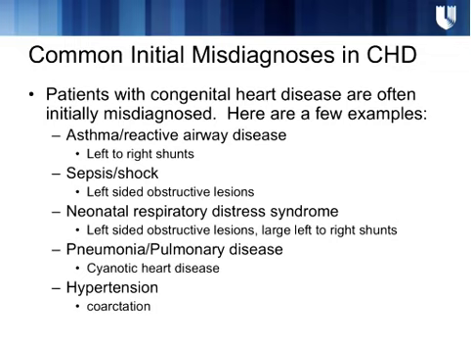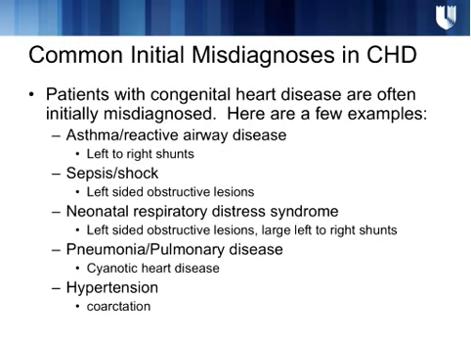Patients with congenital heart disease are often initially misdiagnosed. Just to give you a few examples, often infants are diagnosed with asthma or reactive airway disease when they actually have a significant congenital heart disease with a left to right shunt, such as a ventricular septal defect. Sepsis and shock may also be misdiagnoses for infants with severe left-sided obstructive lesions.